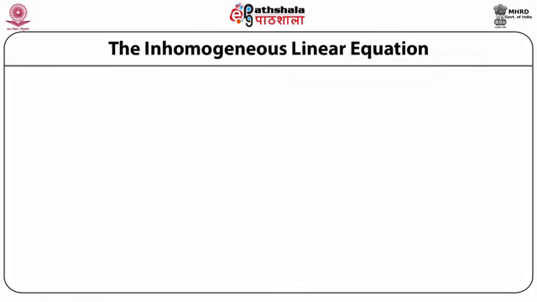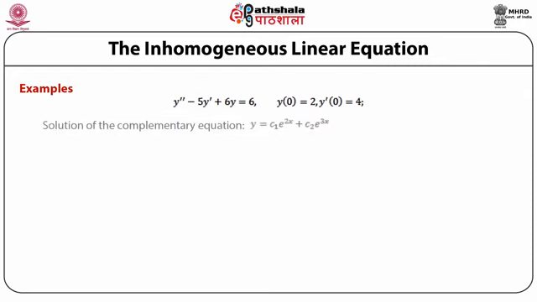Now we proceed with some examples of inhomogeneous linear equations. y double prime minus 5 times y prime plus 6y is equal to 6 is the differential equation. The initial conditions are given by at x is equal to 0, y is equal to 2, and at x is equal to 0, the first derivative of y equals 4. The solution of the complementary equation is given by y is equal to c1 times e raised to power 2x plus c2 times e raised to power 3x.